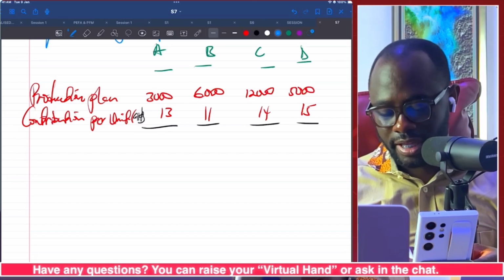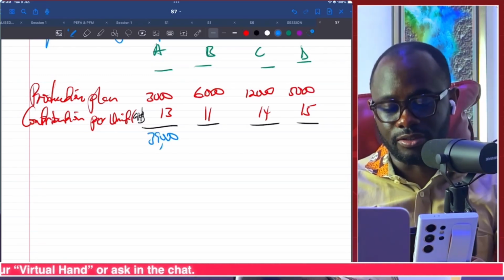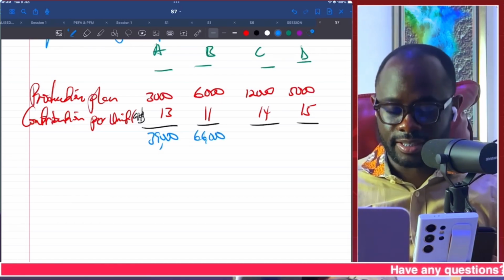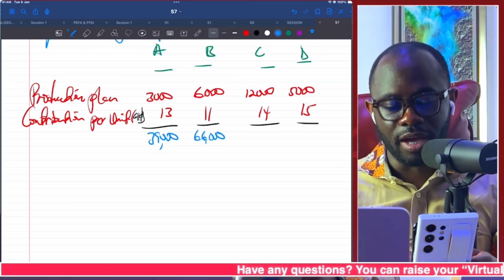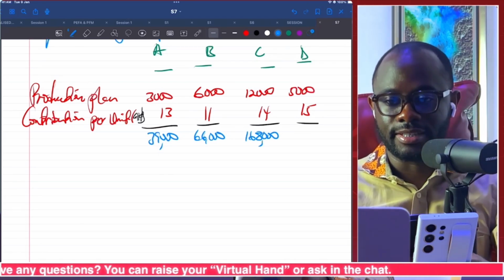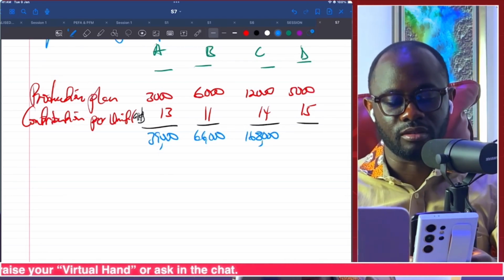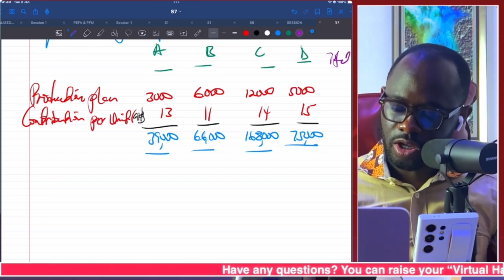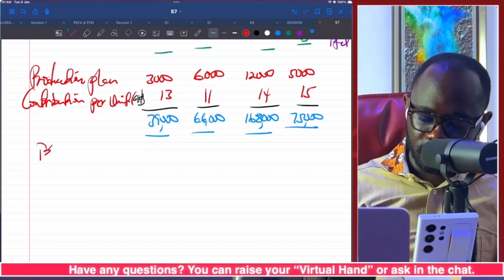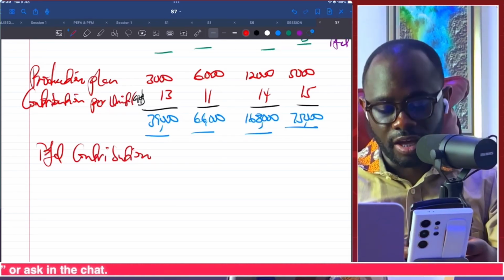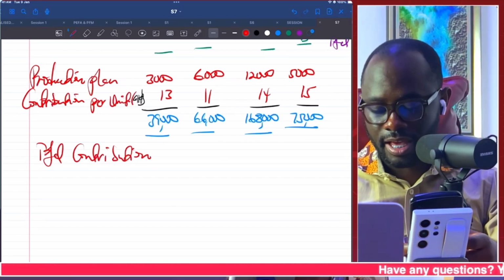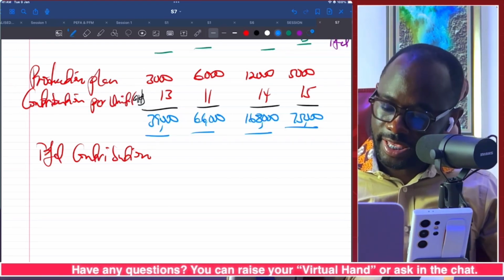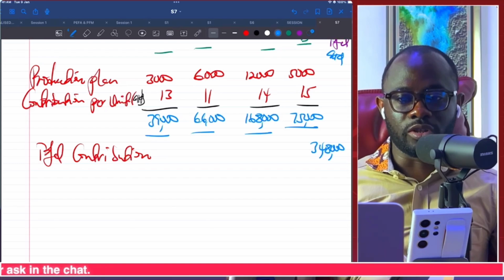So contribution per unit. 3,000 by 13, that's 39,000. 6,000 by 11, 66,000. 12,000 by 14, 168,000. 5,000 by 15, 75,000. And so we add it up to get our total contribution. So 39, 66, 168, 75 will give us 348,000 for the total contribution.